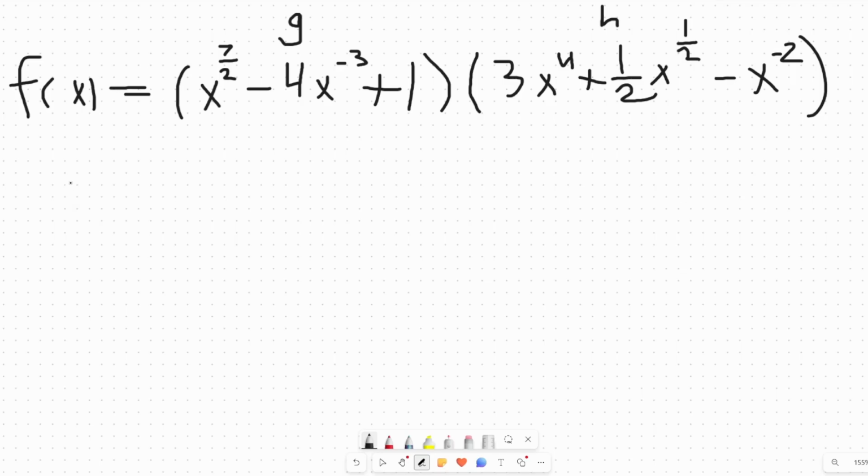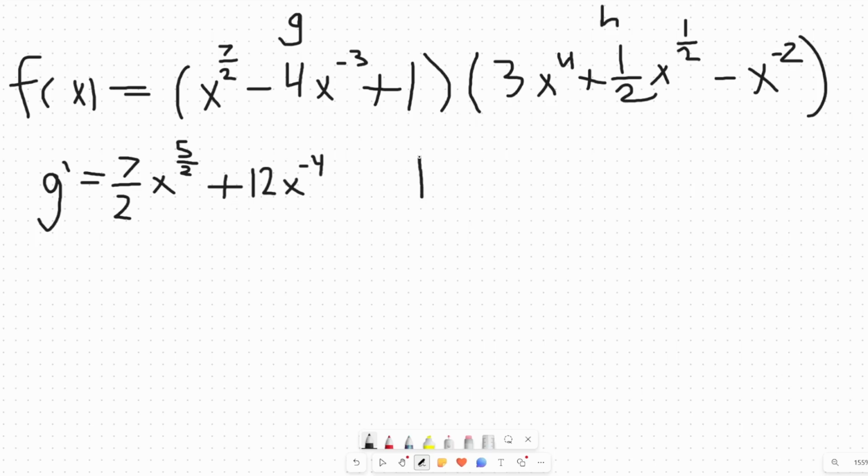All right, so g prime will be, now this is just difference rule and sum rule. So g prime will be 7 over 2 x to the 5 over 2, and then plus 12x to the negative 4. And then the 1 doesn't even count. So that's g prime.